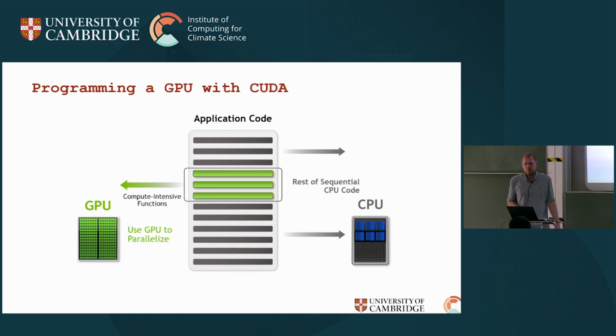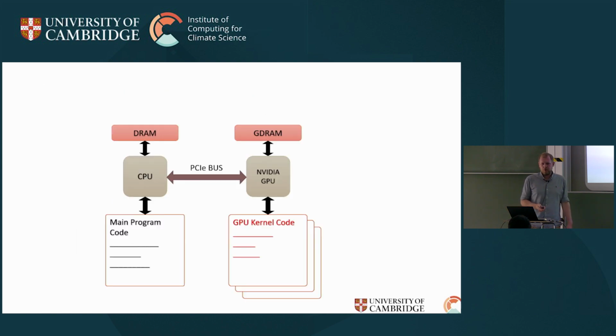So we're looking for problems where we have a sequential program, but there's a decent chunk of it, a compute-intensive chunk, that's going to match the programming model and allow us to move that over. Because we're going to have these two separate components, we're going to have our main program code, but then we're also going to have some code that runs specifically on the device. And there's going to be a separation of those things. Hopefully it won't be too disruptive.